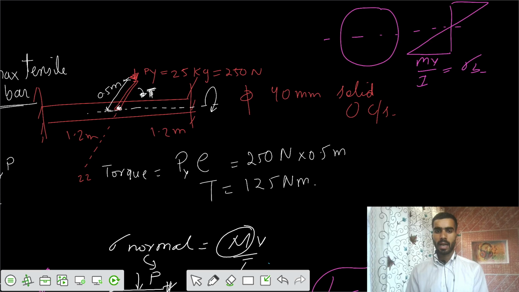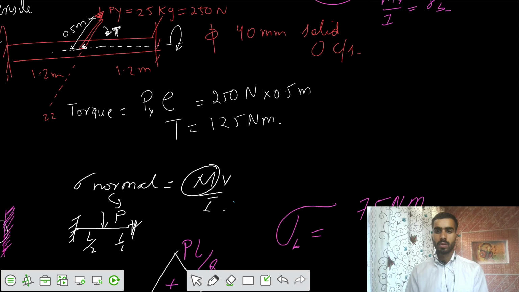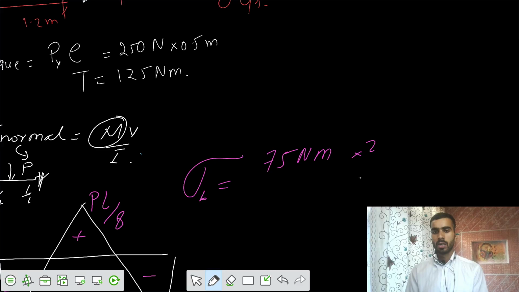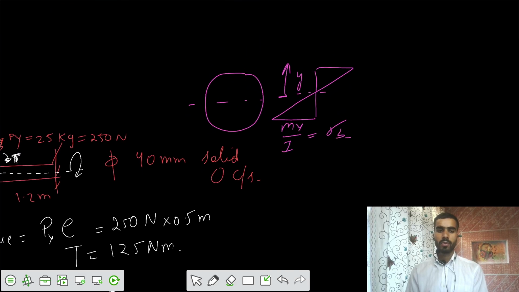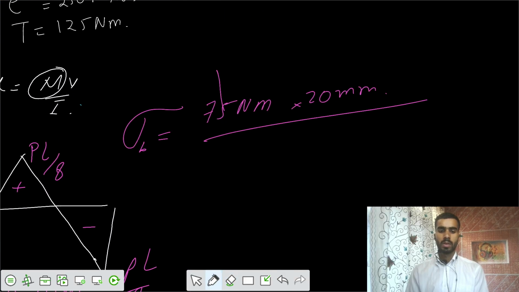If you take the diameter, Y max would be equal to diameter by 2. So diameter of 40 means 20. So you write 20 millimeter divided by I neutral axis. What is the value of I neutral axis? That's pi by 64 d to the power 4, in millimeter to the power 4.